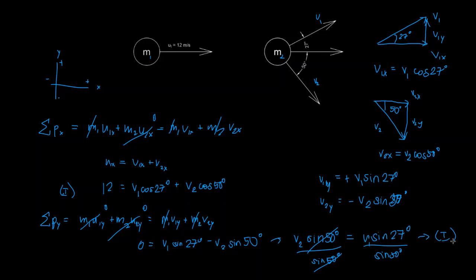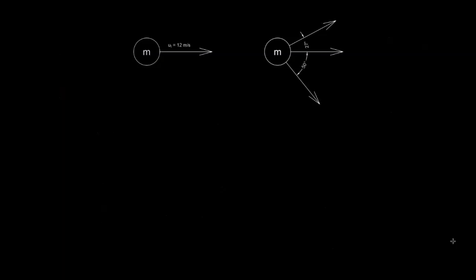So gamit na tayo ng bagong slide. So recall natin ang equation natin, the first equation natin, that is 12 equals v sub 1 cos 27 plus v sub 2 cos 50.